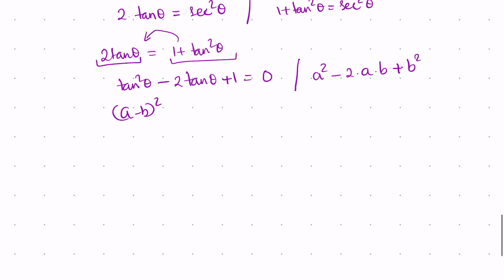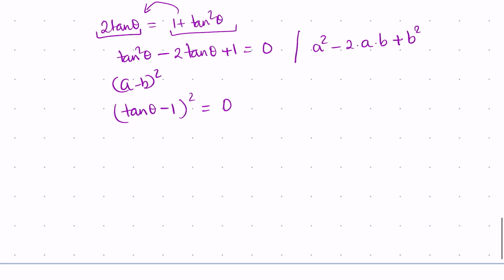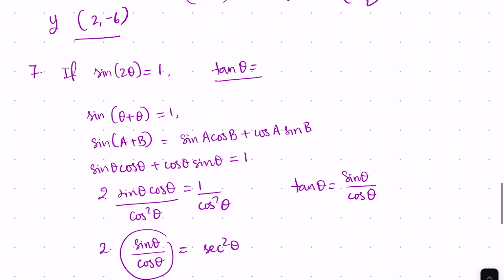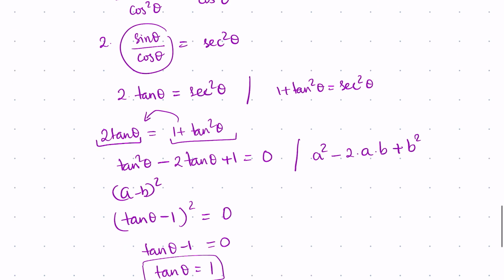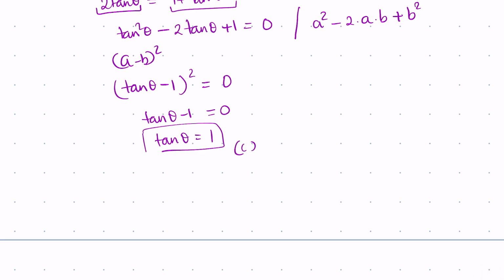So if we write it that way, this just becomes tan theta minus 1 whole squared is equal to 0, which means tan theta minus 1 is 0, tan theta is equal to 1. That's our answer. So tan theta is equal to 1. That's what we needed to find. So that's option C.